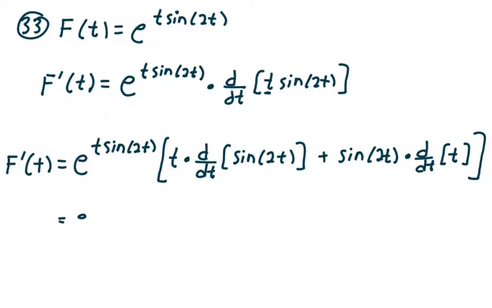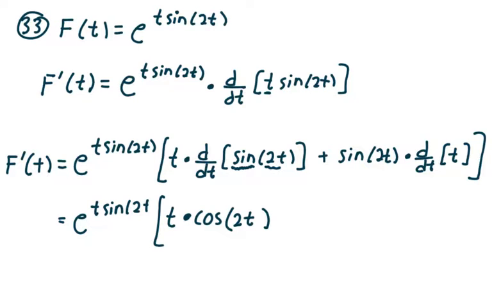And so this is e to the t sine of 2t. And I'm going to multiply that result by, now I'm going to get t times... Now, the outside function is the sine function. And remember that the derivative of sine is cosine. So I'm going to write down cosine of 2t.